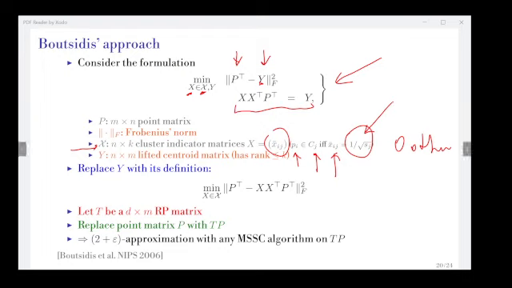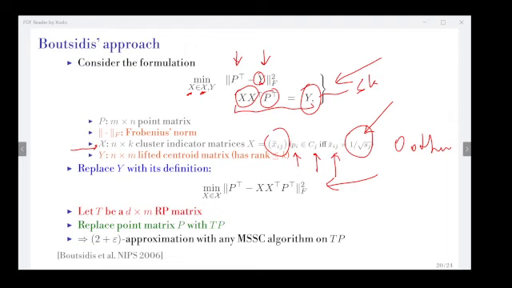And this lifted centroid matrix, because of this definition and because these matrices X are n times k, so n times k times n. This is an n times n matrix. This is an n times m matrix, but this is going to be then a rank k matrix, okay? So we replace y here by its definition, and we obtain this unconstrained reformulation on just the x variables.